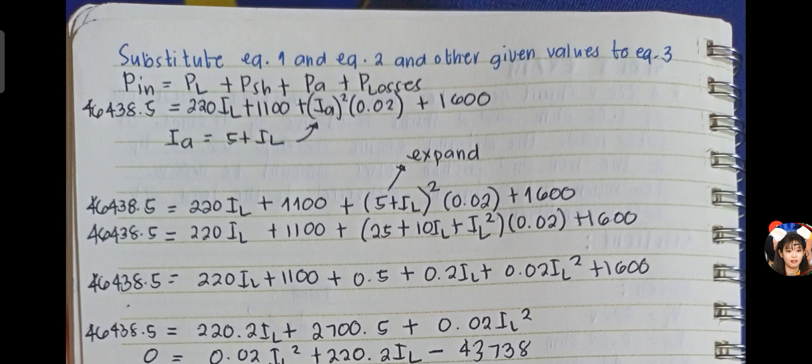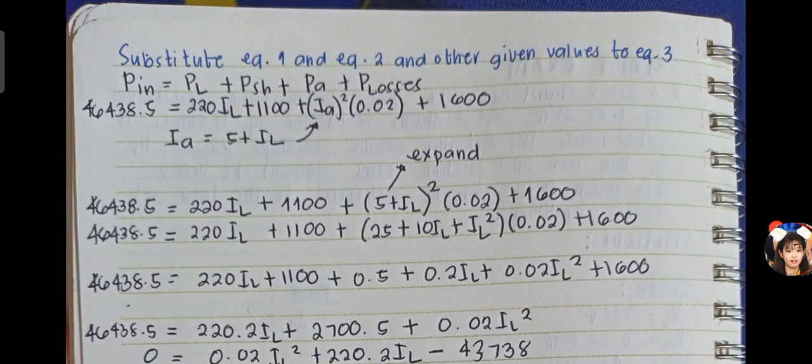Since we now have three equations, using equation 3, we substitute equation 1, equation 2, and the other given values. P input is equal to PL plus P shunt plus P armature plus P losses. We converted already the value of our P input, which is 46,438.5 watts.